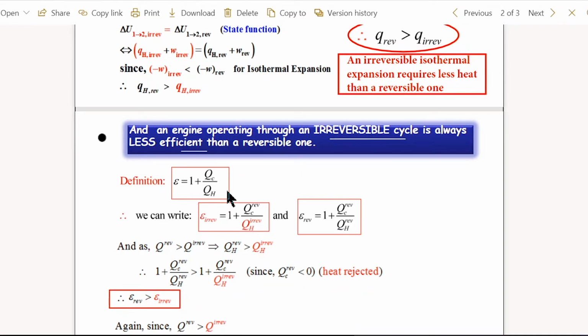Now I say that if one step is irreversible, then the machine becomes irreversible, or the device becomes irreversible. So when one step is irreversible, I denote the efficiency of that device as efficiency irreversible. Where all the steps are reversible, I subscript that efficiency as reversible.